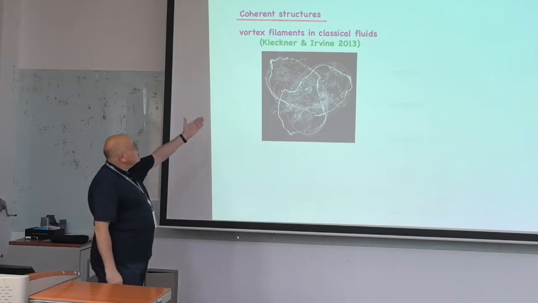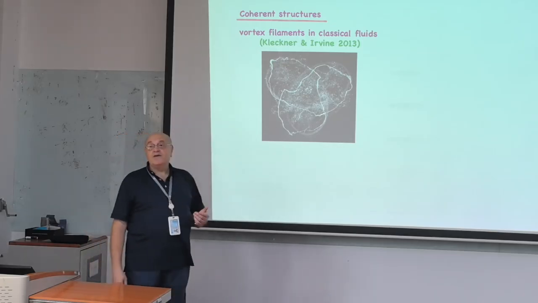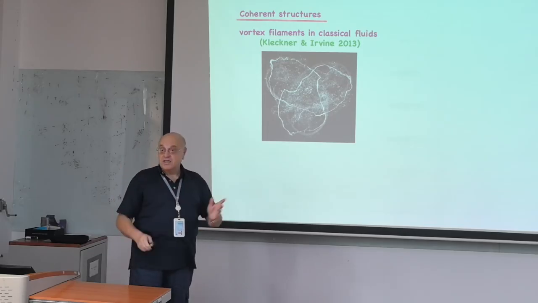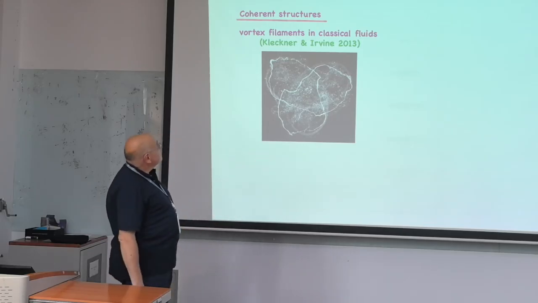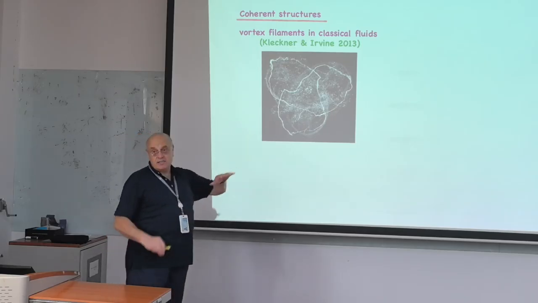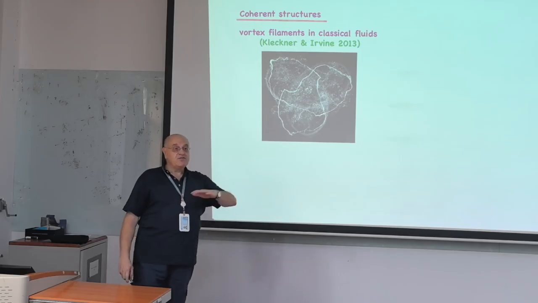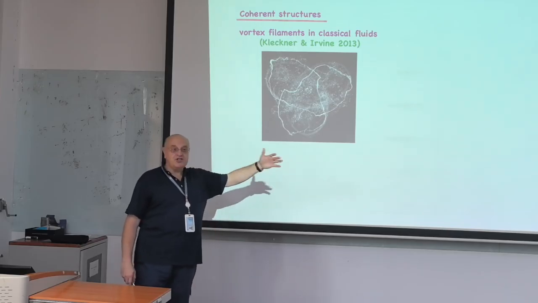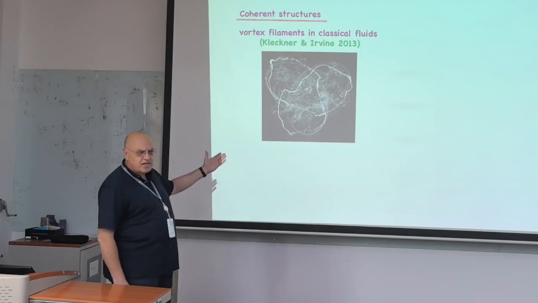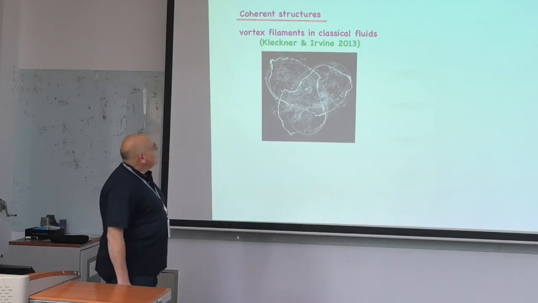So this is just the experiment of a production of a vortex trefoil in water. This is a real experiment done by the group of William Irvine in Chicago. It received great coverage from the press. Of course, Nature and other journals talked about this.